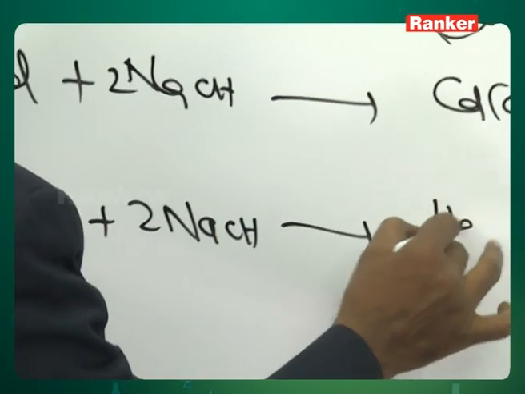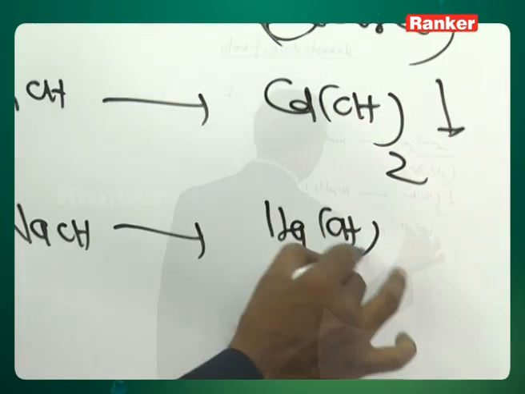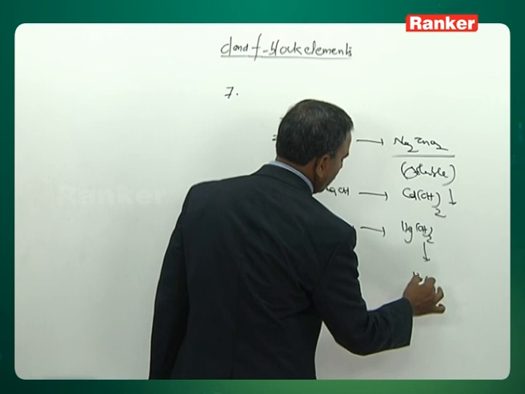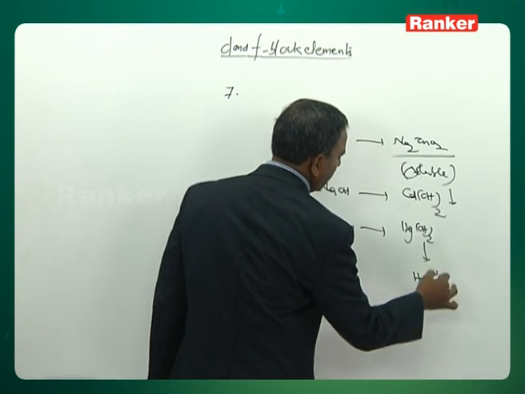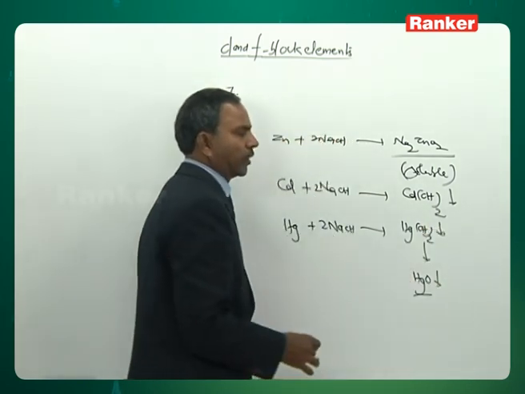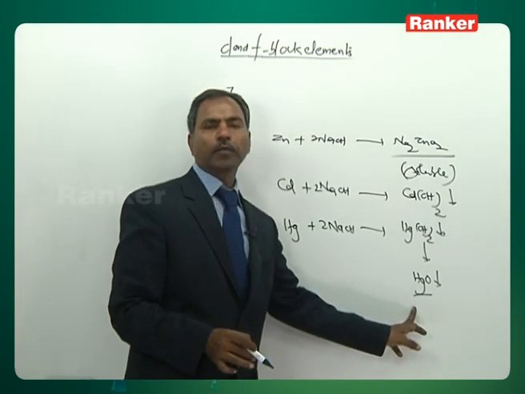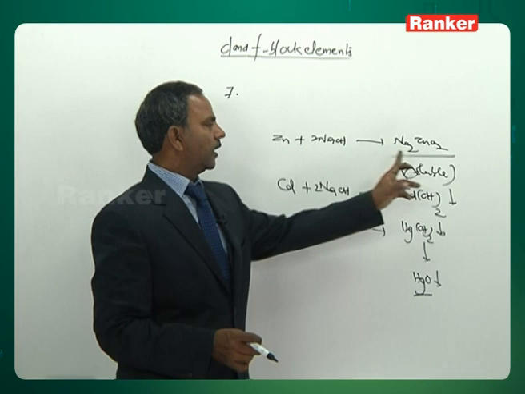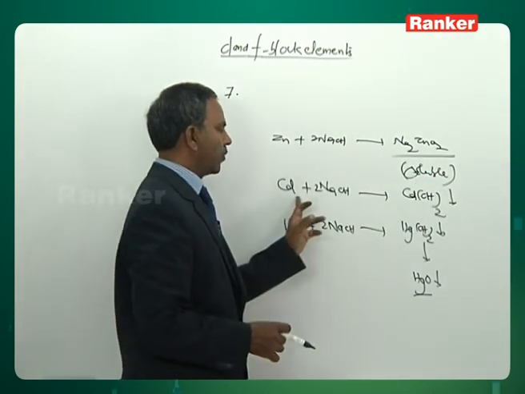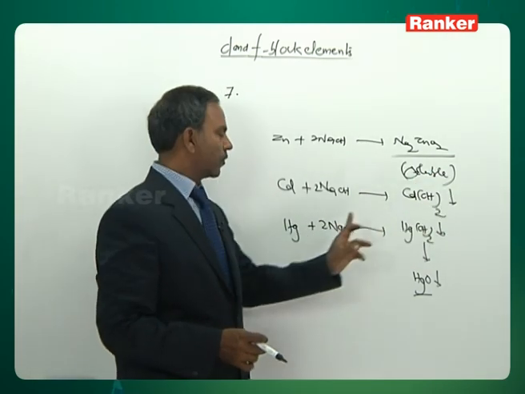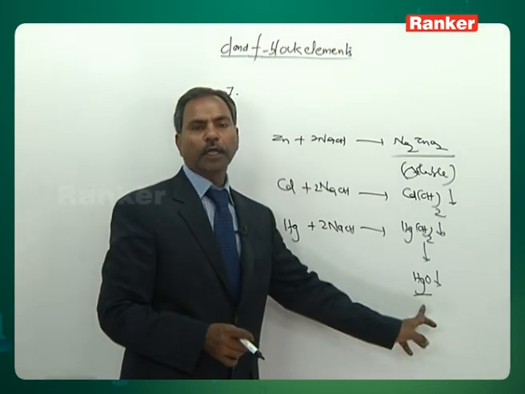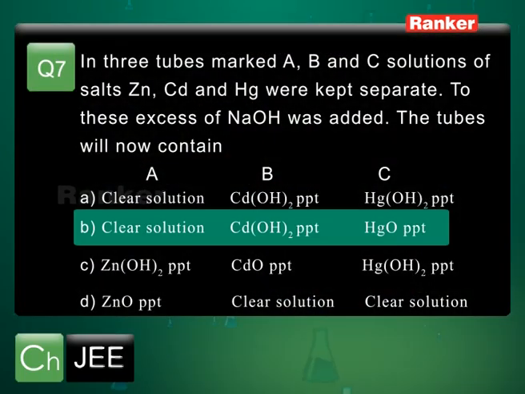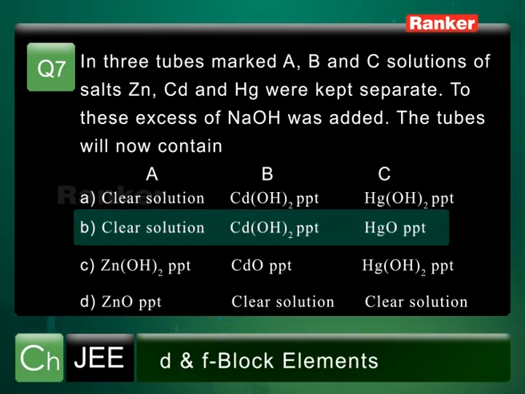First you get mercuric hydroxide, which ultimately decomposes to produce mercuric oxide. Therefore, for zinc a clear solution, for cadmium hydroxide precipitate, and for mercury mercuric oxide. So for the 7th question, option B is the answer.